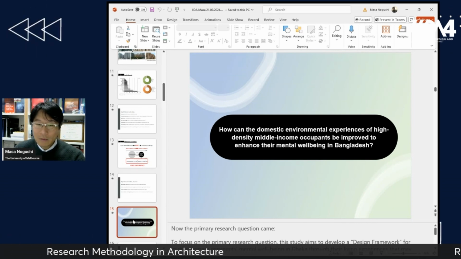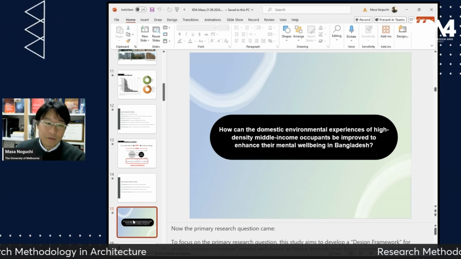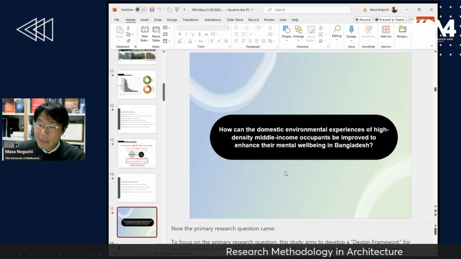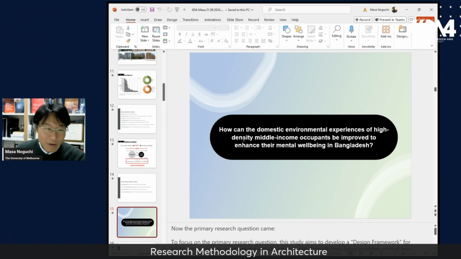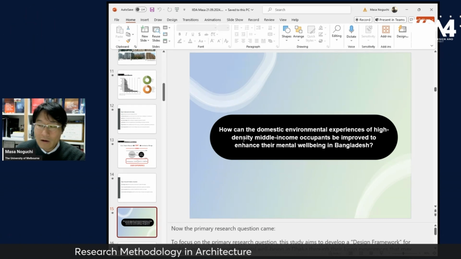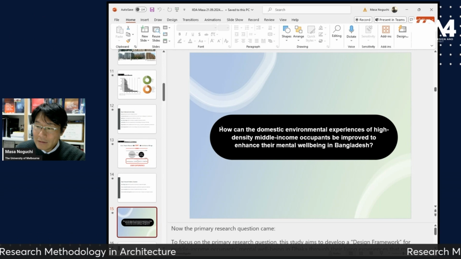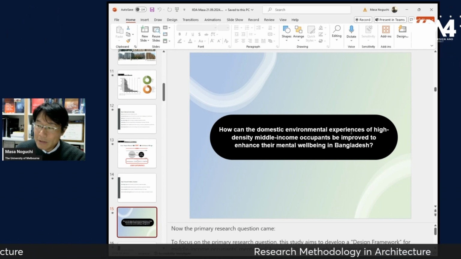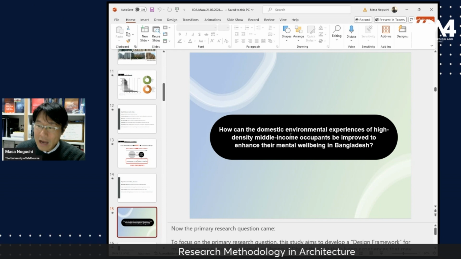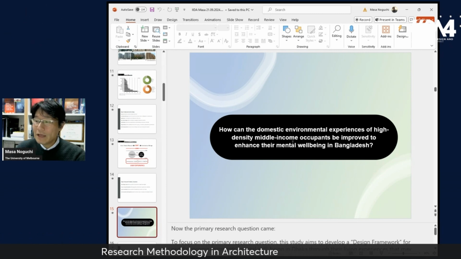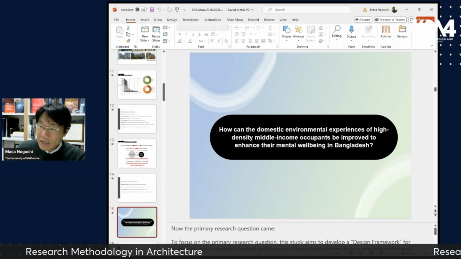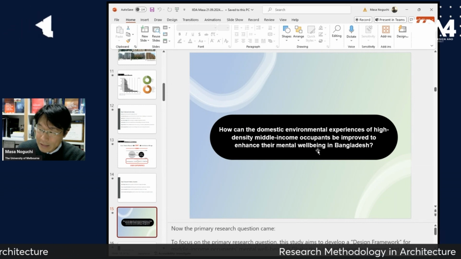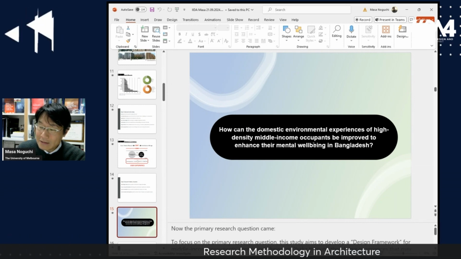He said he wanted to fill the gap between the two dimensions, architectural design and user needs and demands. He came up with a research question like this: how can the domestic environmental experience of high density mid-income occupants be improved to enhance their mental wellness and well-being in Bangladesh?